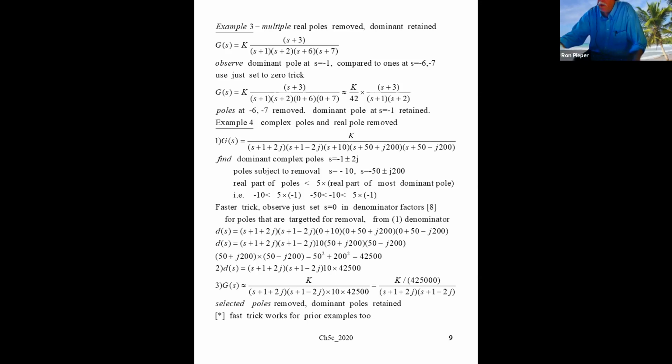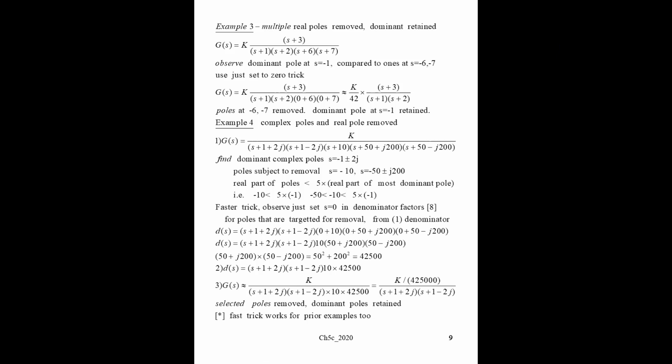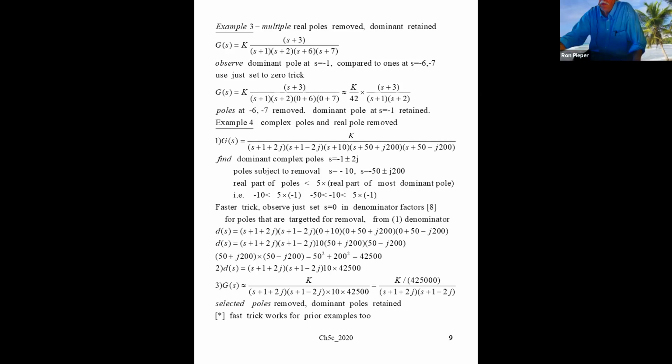But really, for our test purposes, what we want to do is compare all the roots to what might be called the most dominant pole. So what is the most dominant pole in this bunch? s equal to -1, right. So that's the most dominant pole.